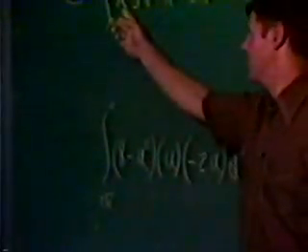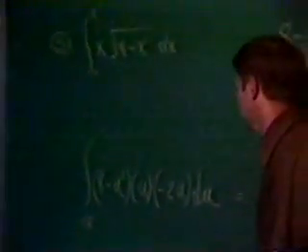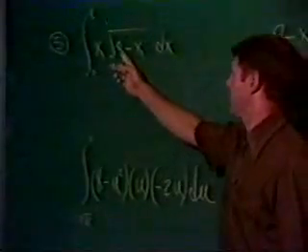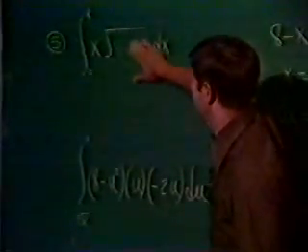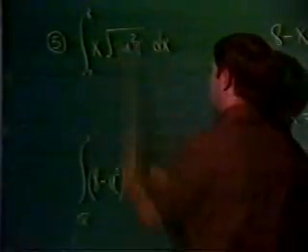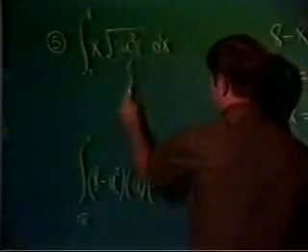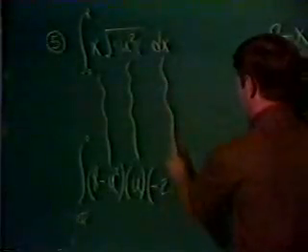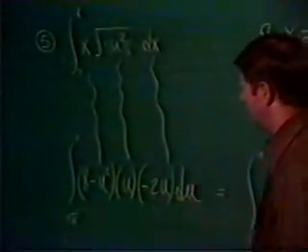We make our replacements. 8 minus u squared is used in place of x. In place of 8 minus x, we put u squared. We take the square root of that, we get u. In place of dx, we get minus 2u du.